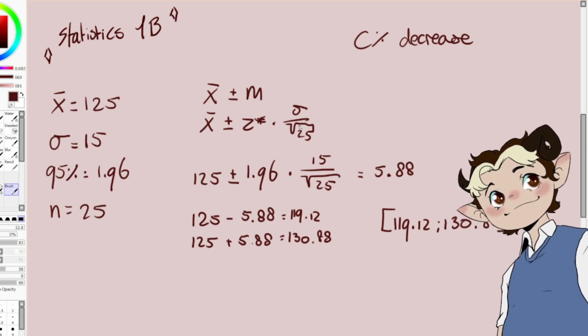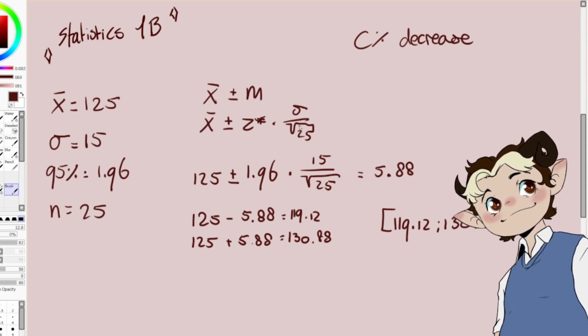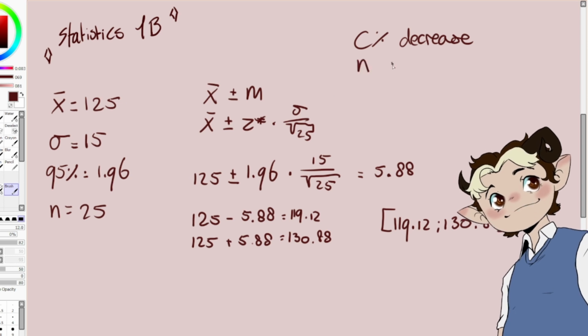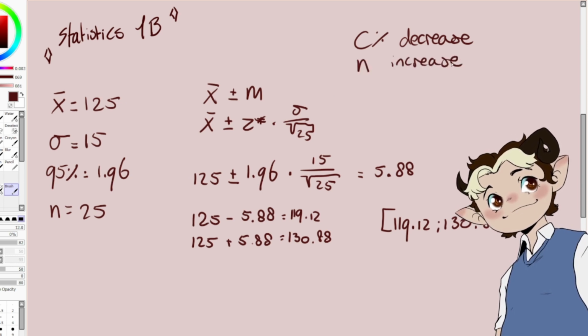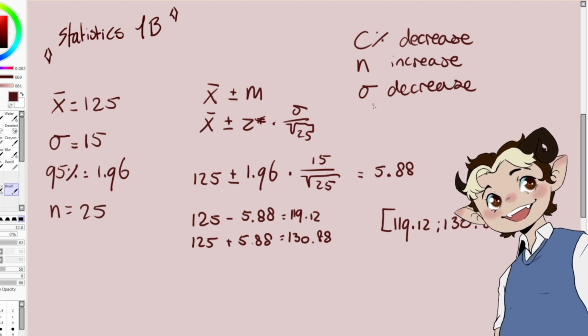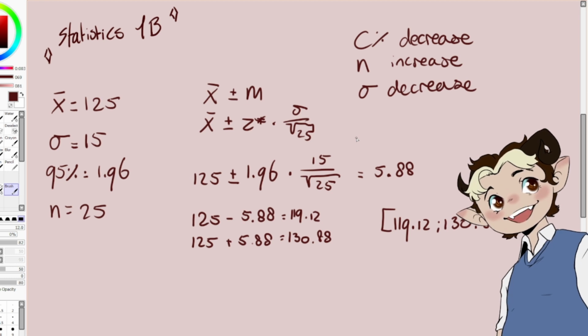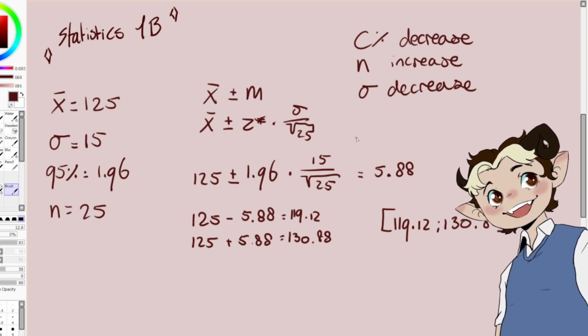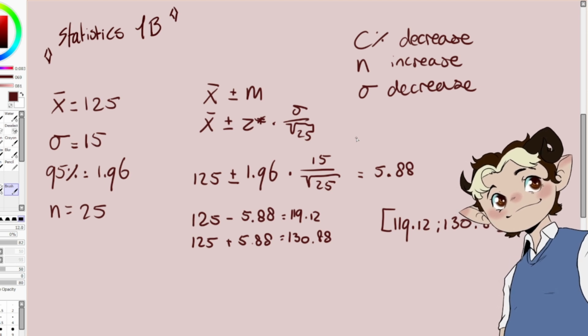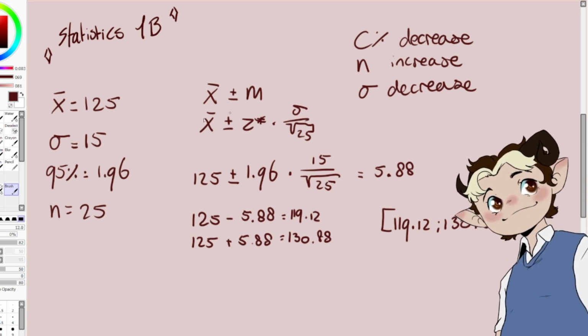So it reduces our confidence, but it will make it more narrow and therefore more meaningful. We can also just increase n, or we can decrease our standard deviation, but that's very difficult. We don't really know how to do that. So those are the ways to narrow down your margin of error.